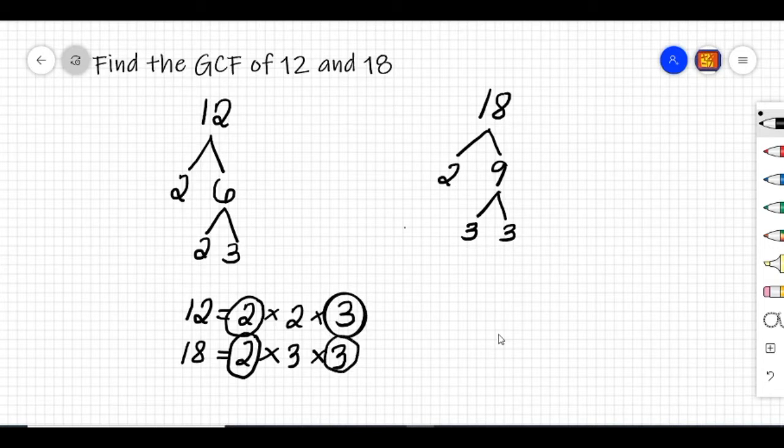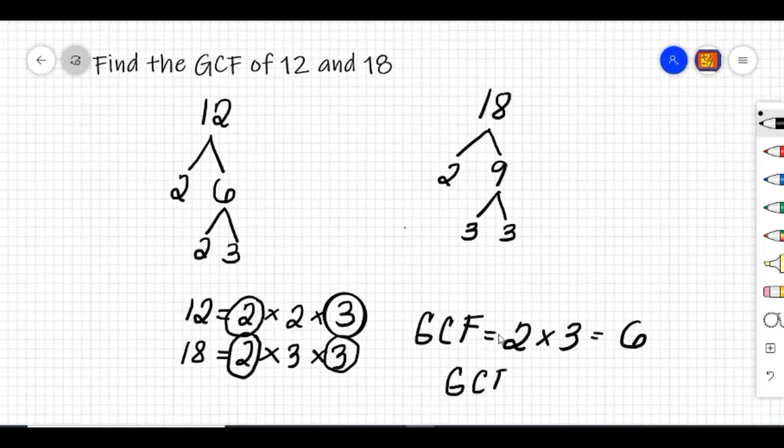So we have GCF is equal to 2 times 3. So the GCF is 6. Therefore the GCF of 12 and 18 is 6.